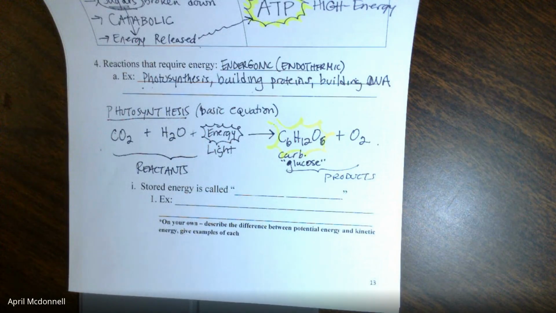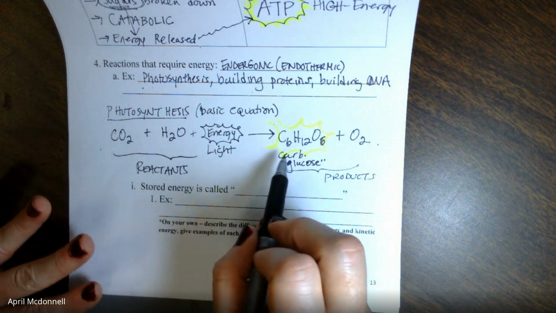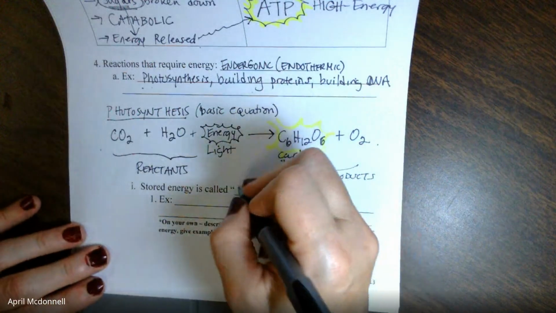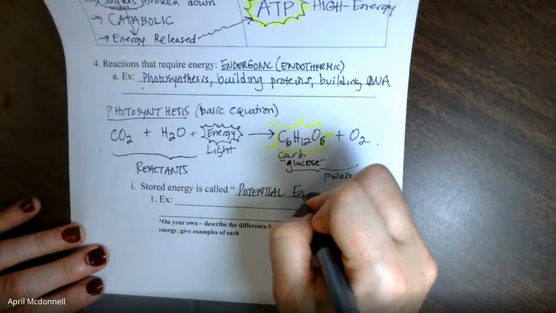Our cells love to absorb glucose because once glucose is inside of our cells, we can break glucose down to release the energy that was once stored in it. That energy is then going to be used as fuel for all the cellular activities that the cell needs to complete in order to stay alive. Energy that is stored, for example, the energy that is stored inside of the glucose molecule, is going to be called potential energy.